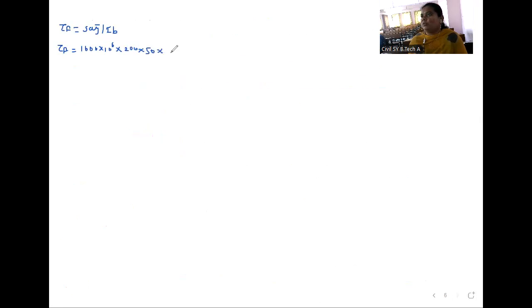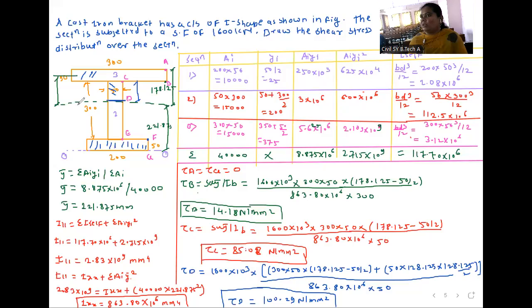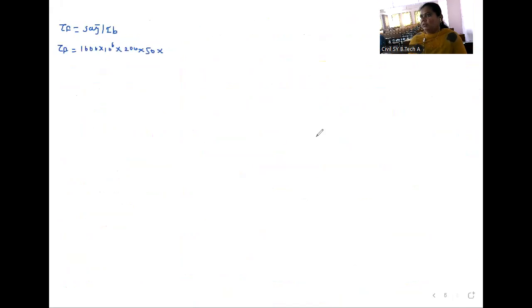Now we have to take the centroidal distance. Okay, so from this neutral axis to base the distance is 221.875. From that we will subtract half of this distance. That means we need the distance from here to here. So how do we write it, into 221.875 minus 50 by 2.